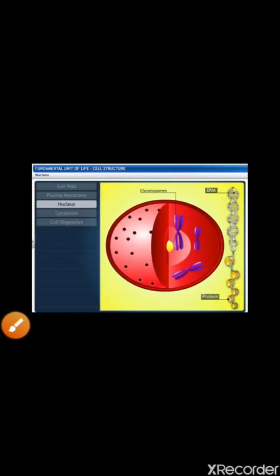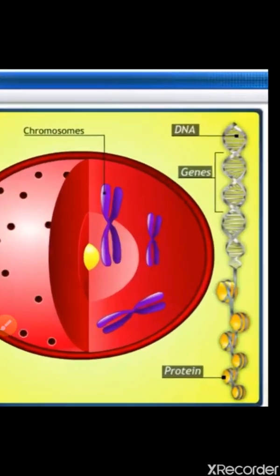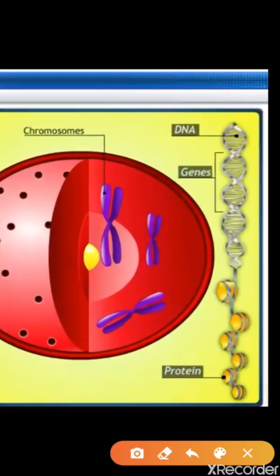Chromosomes are made up of DNA and protein. Got it? The functional part of the DNA is called the genes.